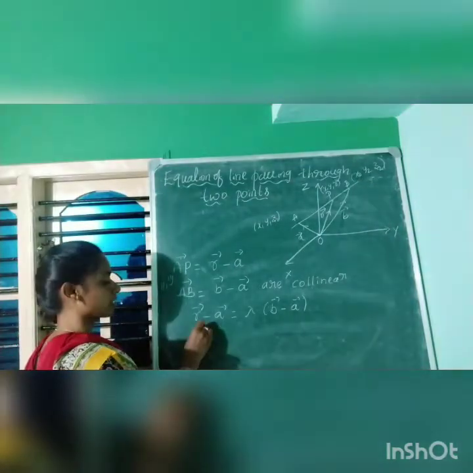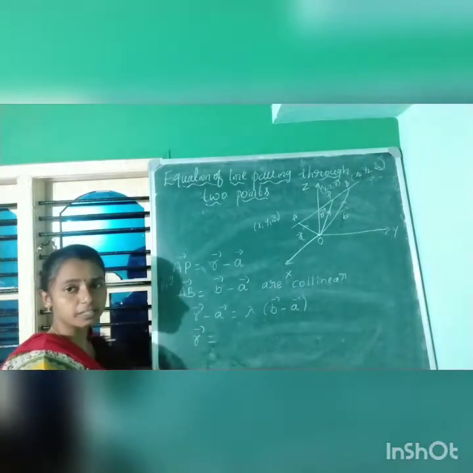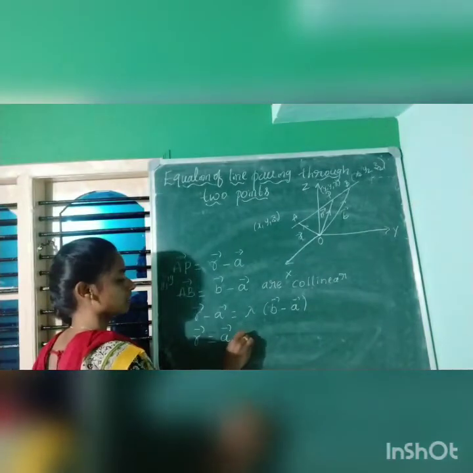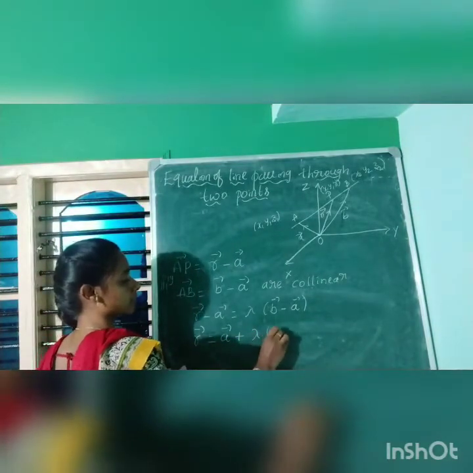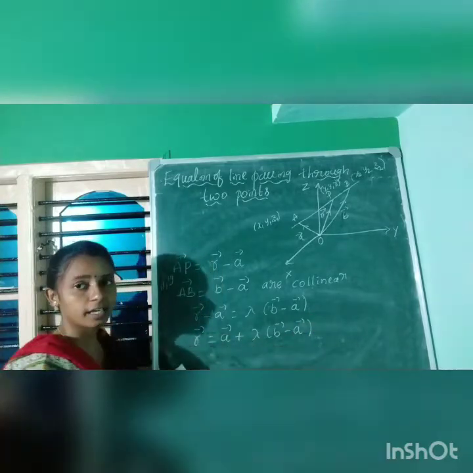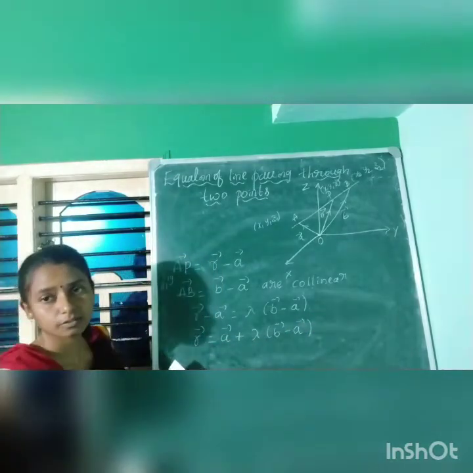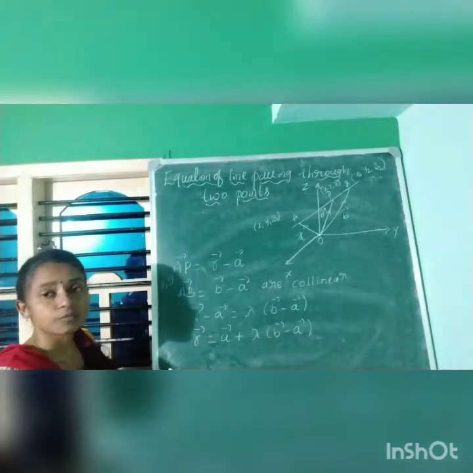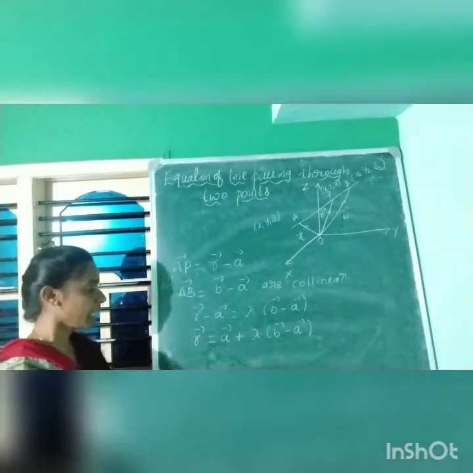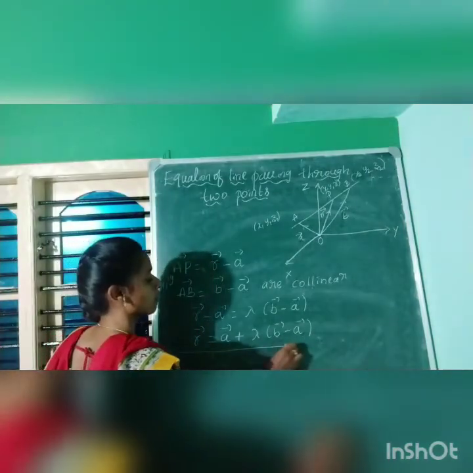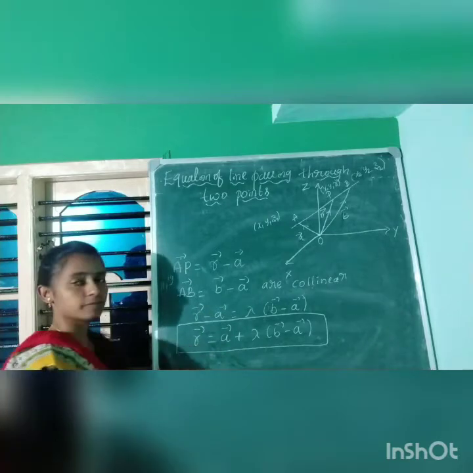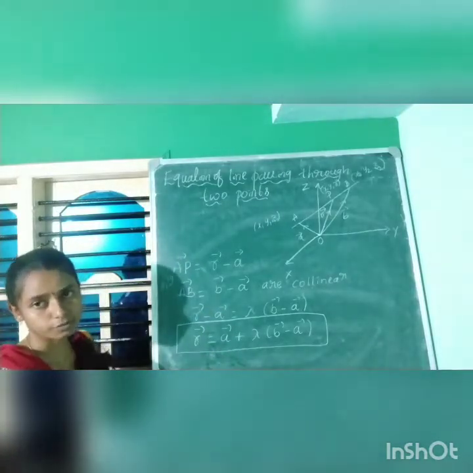Vector r is equal to, if I take the negative a to this side, it will be plus a vector, plus lambda into vector b minus vector a. I can say that this is the equation of a line when the line passes through 2 given points, and we call this the vector form of the equation of a line. This is the vector form.